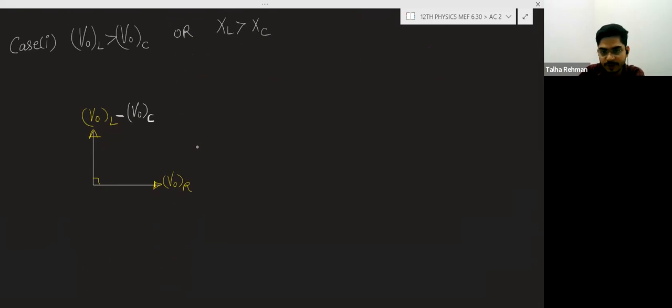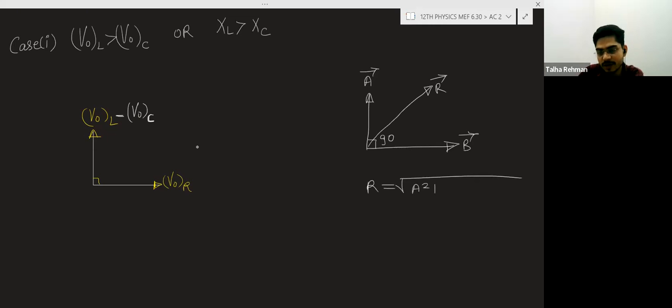Okay, tell me one thing. Suppose this is your A vector, and this is your B vector, and the two vectors are acting at a 90-degree angle. Then the resultant is given by R equal to the square root of A squared plus B squared plus 2AB cos 90, and cos 90 is 0.